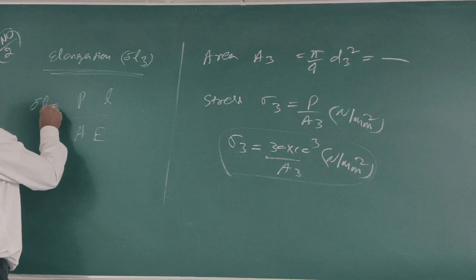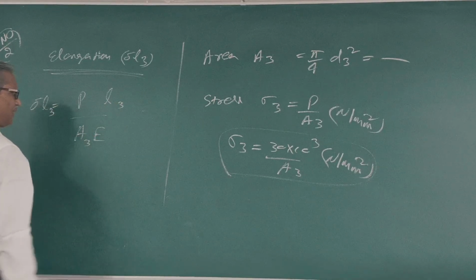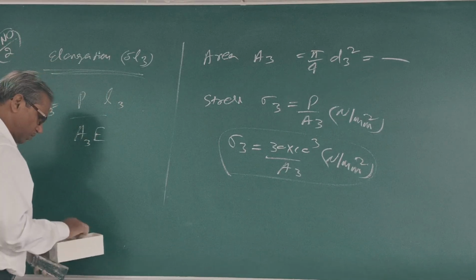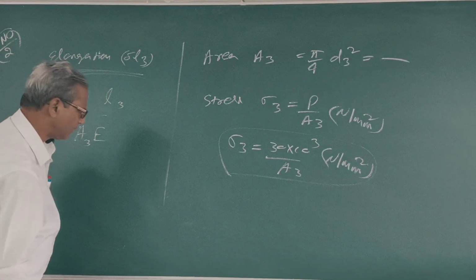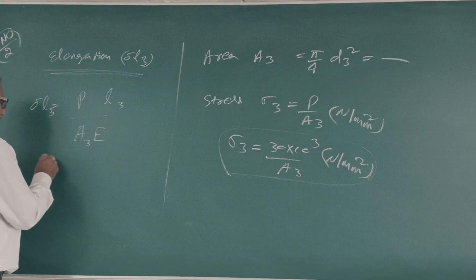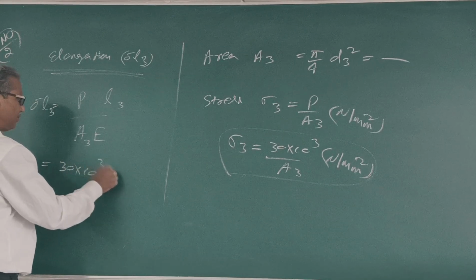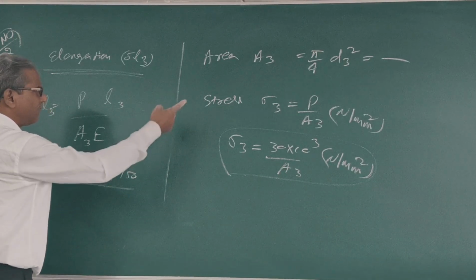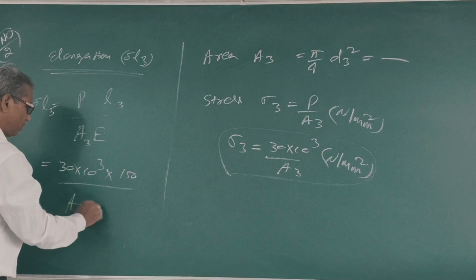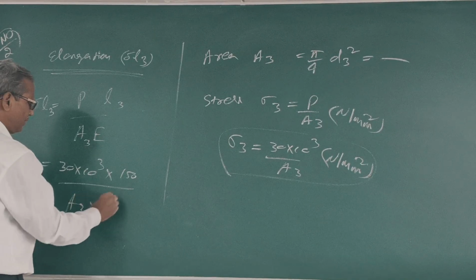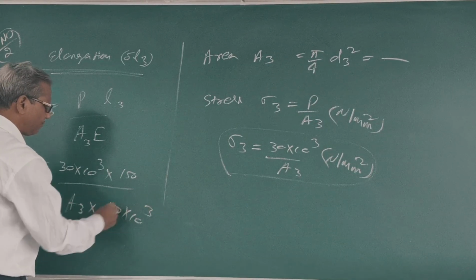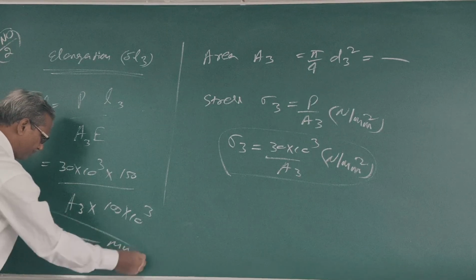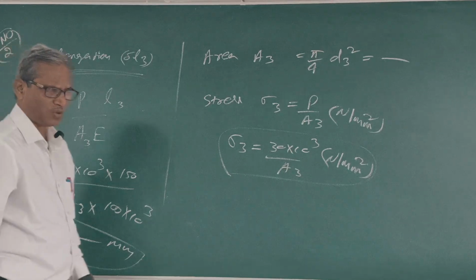This is delta L3, so P L3 by A3 E. Clear? Here P is constant, E is constant. What is P? 30 into 10 to the 3. L3 is 150 mm. A3, our answer from here. E is 100 into 10 to the 3. So delta L3 can be found in mm. Clear?